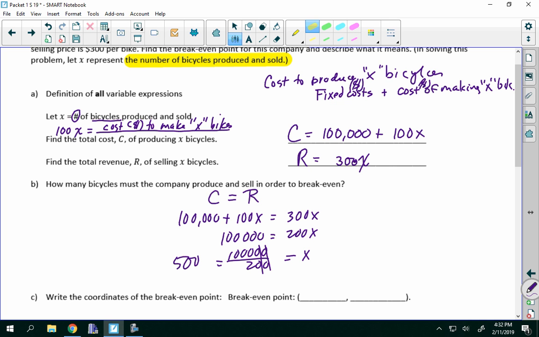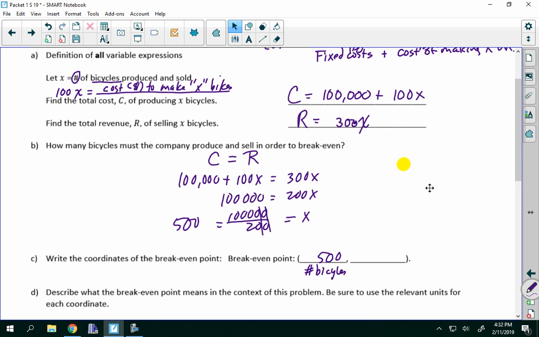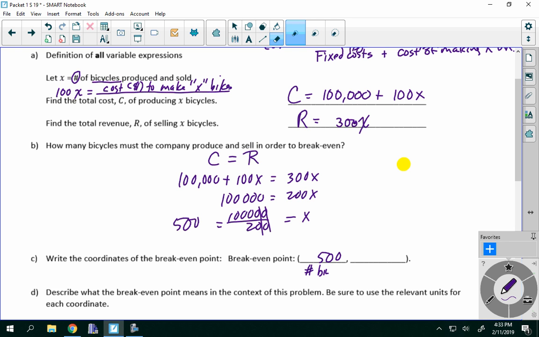So that tells me if I make 500 bicycles, this is the number of bicycles made and sold. Okay, 500 bicycles. I spelled bicycles wrong, I better change that. I'll get in trouble with the spelling police. Number of bicycles made and sold.